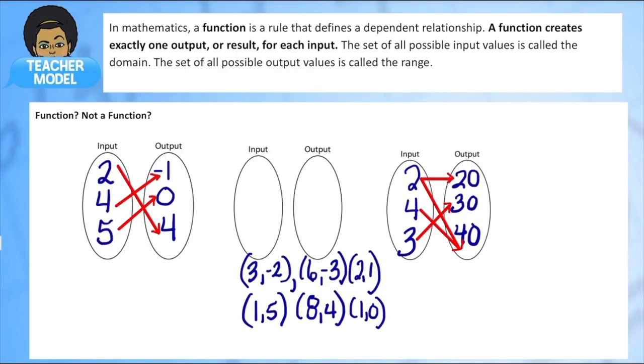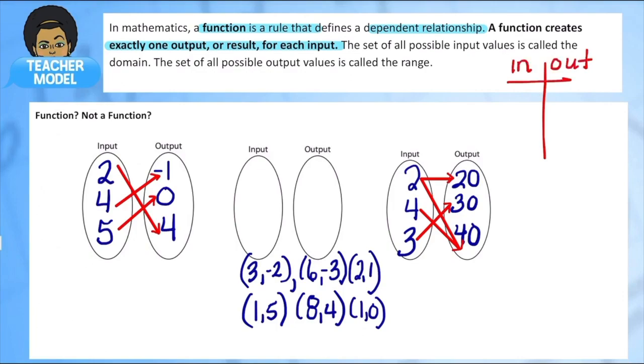In mathematics, a function is a rule that defines a dependent relationship. A function creates exactly one output or result for every input. Think about this like when you were younger and your teachers gave you those in and out tables where you would have a number going in and a number going out.